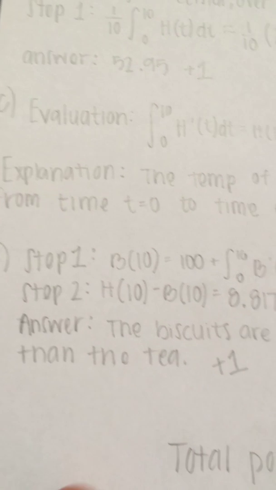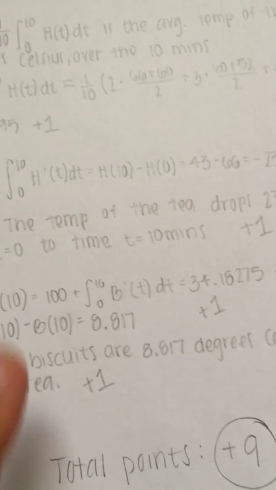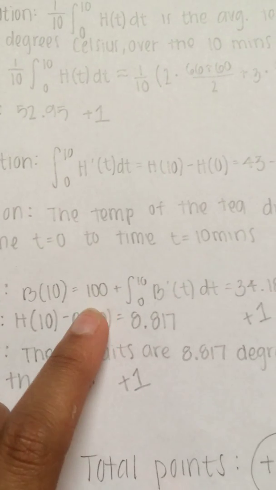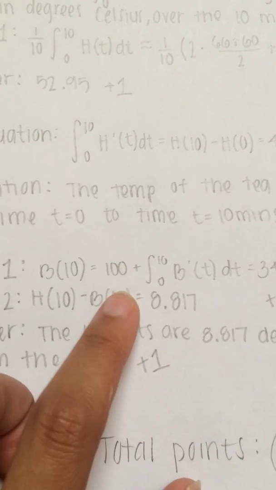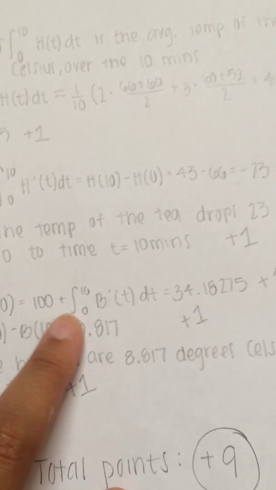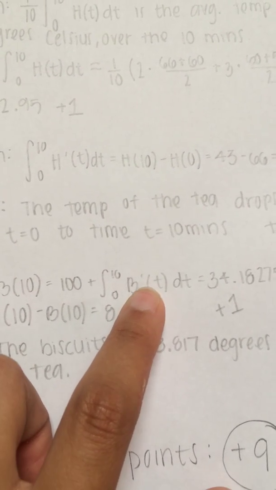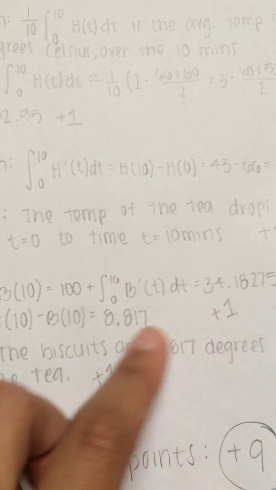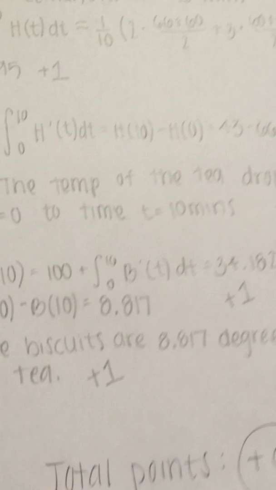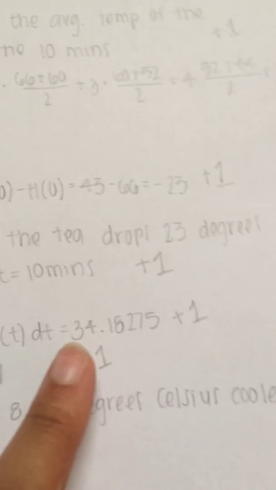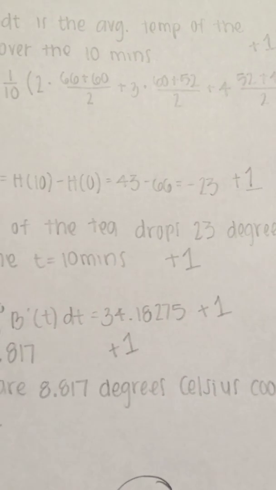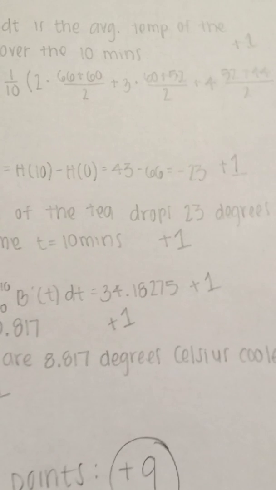So for step 1, you're going to find B(10). Since the biscuits were 100 degrees when they came out, you start with 100 and add the integral from 0 to 10 of B'(t) dt, which was this equation. Enter that into your calculator and you should get 34.18275.